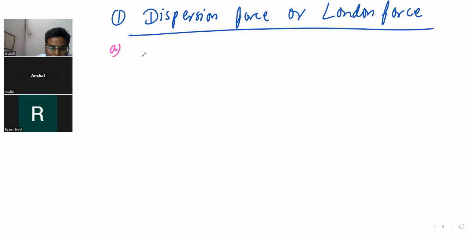Atoms and non-polar molecules are electrically symmetrical and have no dipole moment. So it is talking about atoms. A single atom has no charge.